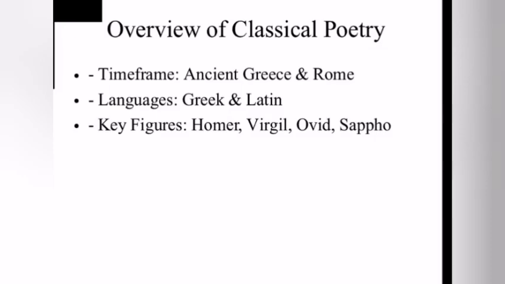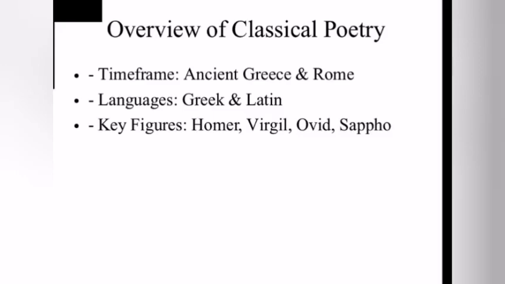So now the overview of classical poetry, the time frame. When we talk about classical poetry, I know we've talked about how it started from ancient Greece and Rome, and the languages are Greek and Latin.